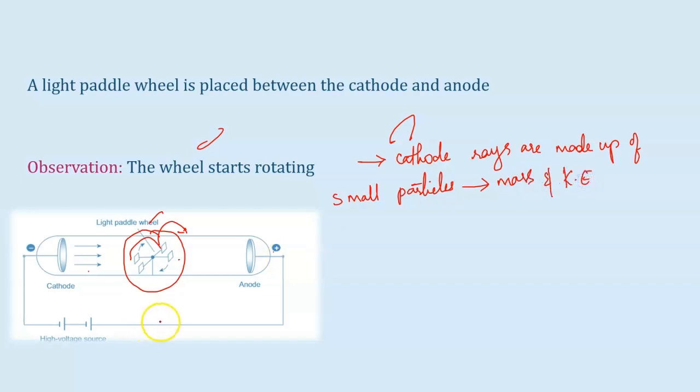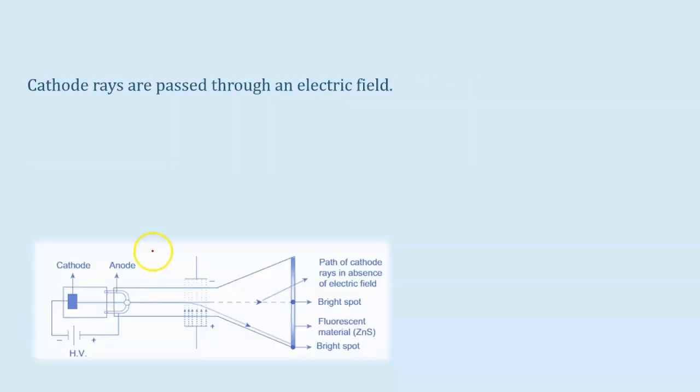That means whenever these rays pass from the cathode, they have some mass, and because of that, the paddle is moving. Got it? So the next one is that cathode rays are passed through an electric field.